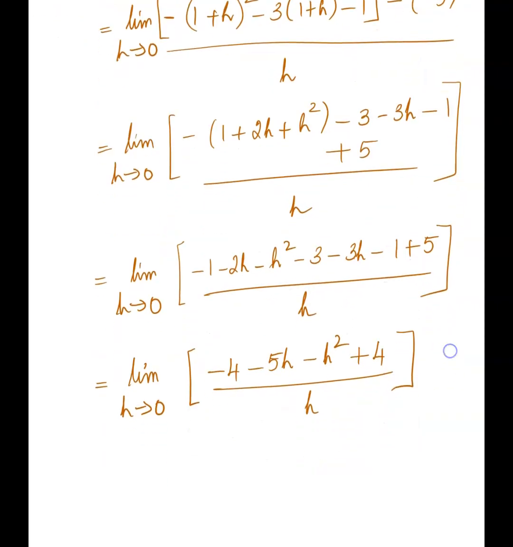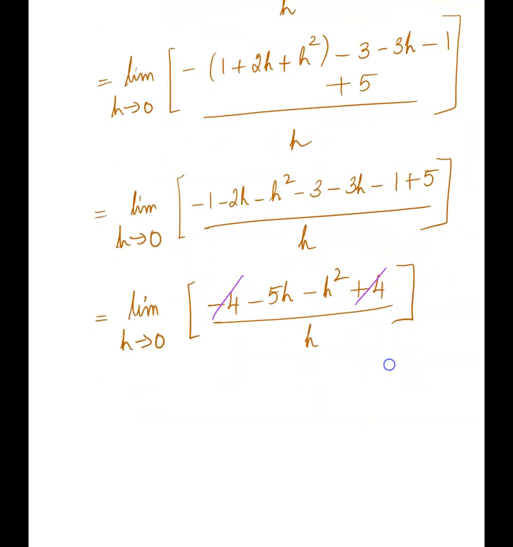And you know that we always have to verify if the non-h terms go away, and it does. That's good. And then we can actually pull out a -h from the numerator. That leaves us with 5 plus h. Remember, you pull out a negative, so it has to be 5 plus h all over h.